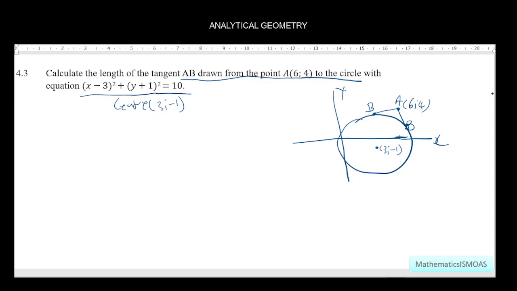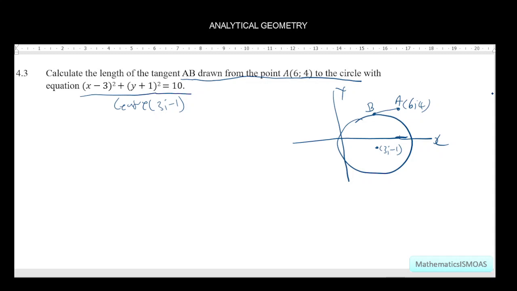Remember, we know from Euclidean geometry that tangents drawn from the same point outside the circle will be equal in length. But we are going to work with only one point. Let's work with this B. So now we must find the length of AB.